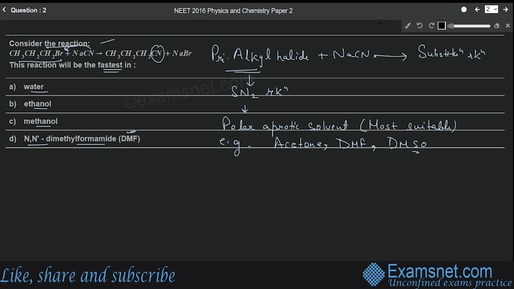Here you can see in option D we have DMF, N,N-dimethyl formamide, which is a polar aprotic solvent. Therefore, this will be the correct answer. This reaction will be fastest in this medium, whereas the other three options, that means water, ethanol and methanol, are polar protic solvents, right? So the correct answer for us will be option D.